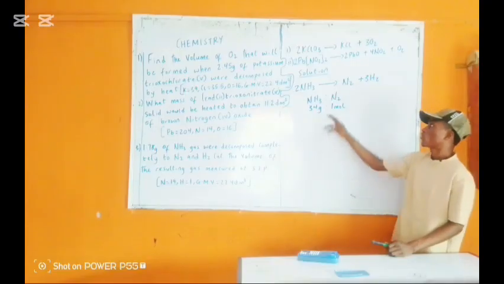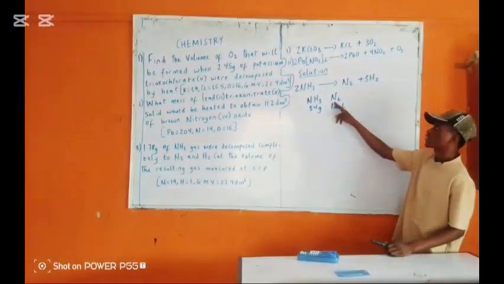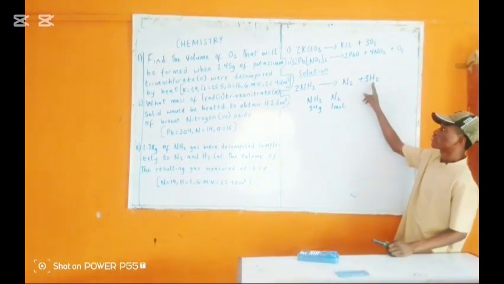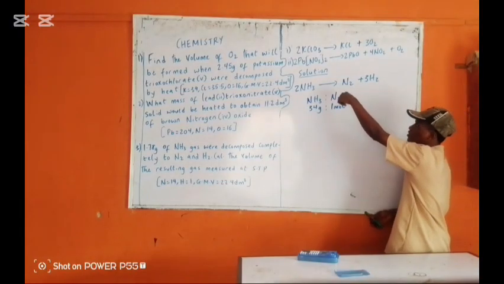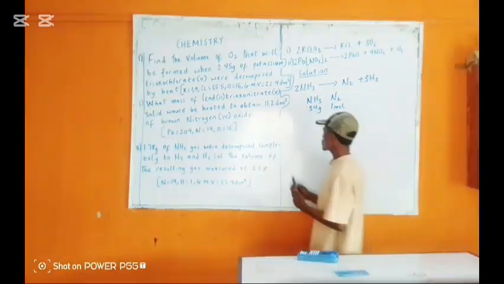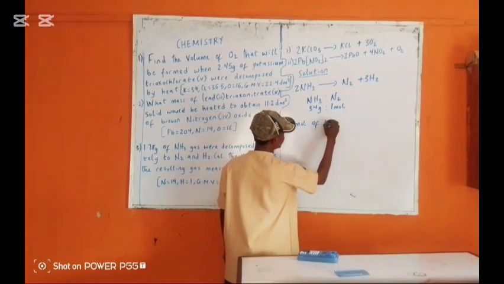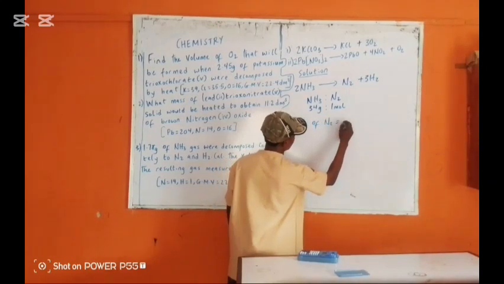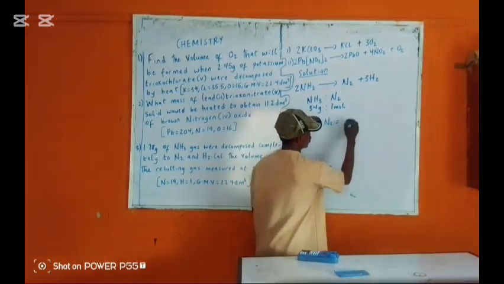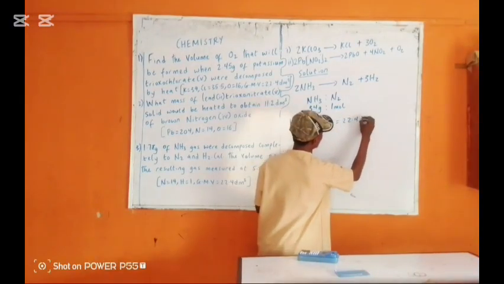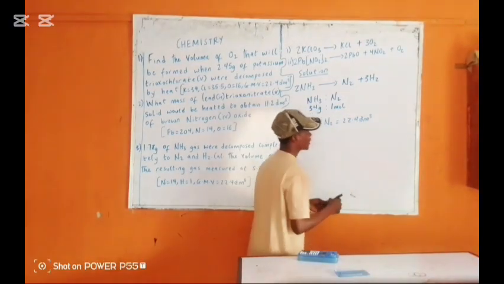So we are calculating for nitrogen gas first before hydrogen gas. So 1 mole of nitrogen gas occupies what at STP? It occupies 22.4 dm cube at STP.